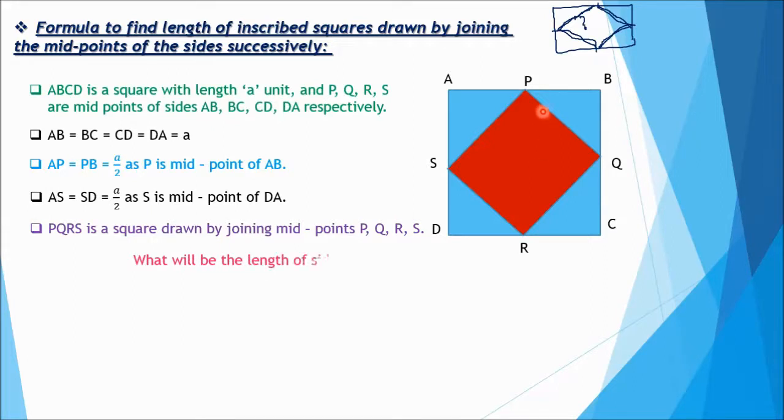Now this is a $1 million question, isn't it? For that we are going to derive a formula. All this whatever we are doing is to derive a formula to find the length, not only of PQ, but of another square drawn inside this square PQRS, and another square. Whatever be the number of squares, we can easily find the measure of length with this formula.